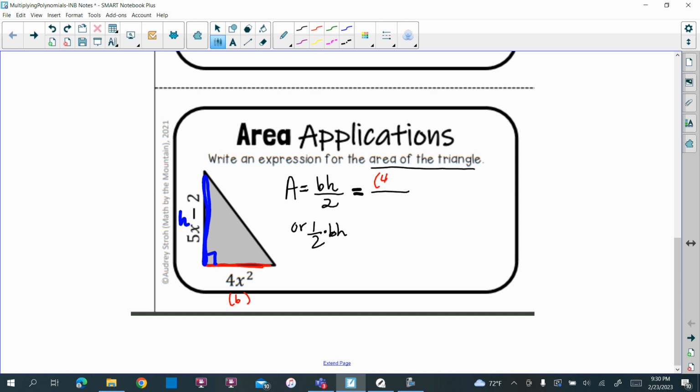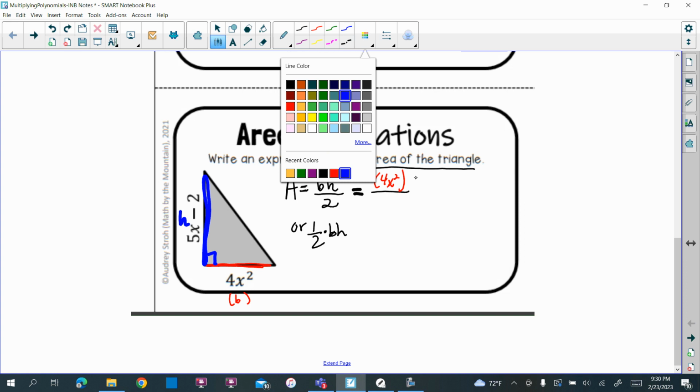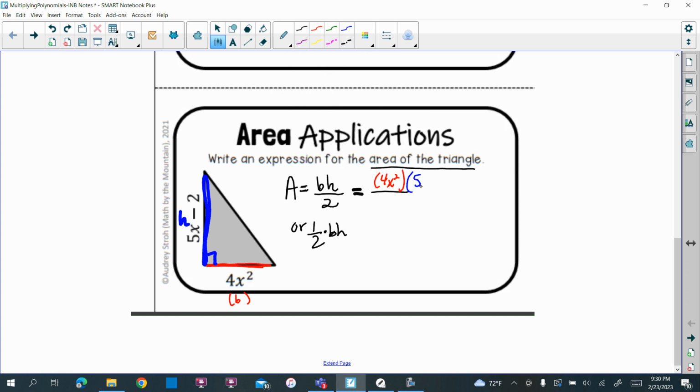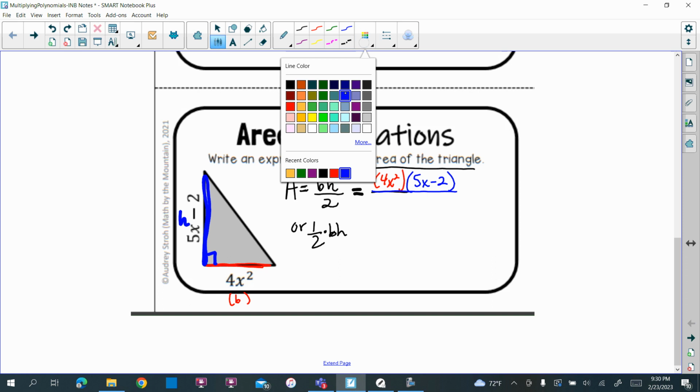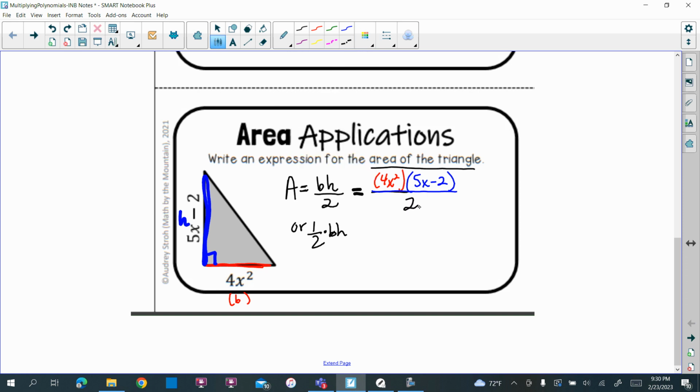So 4x squared, and then our height, our h, is the expression 5x minus 2. And that product is all over 2. So we're going to multiply first and then take half of our result.